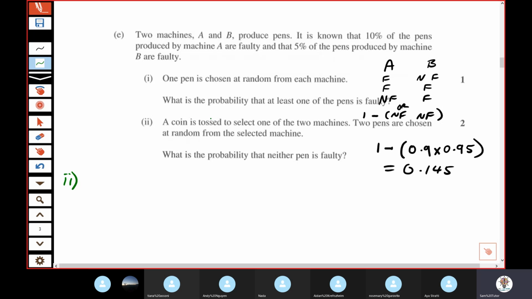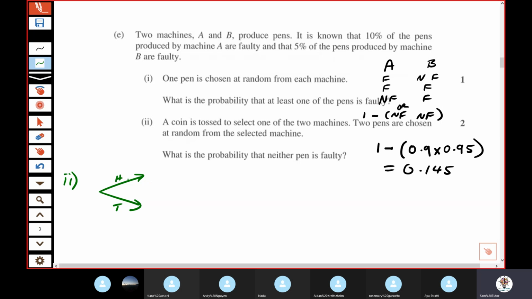Next part. A coin is tossed to select one of the two machines. Two pens are chosen at random from the selected machine. What is the probability that neither pen is faulty? Okay, a coin is tossed to select one of the two machines. So let's just say that's heads, and that's tails.